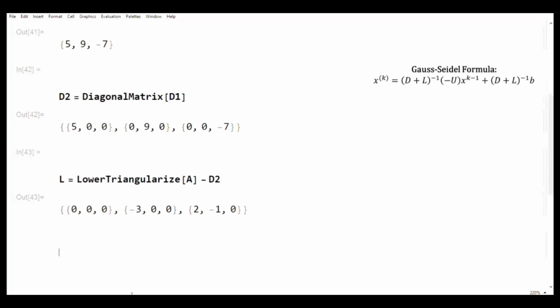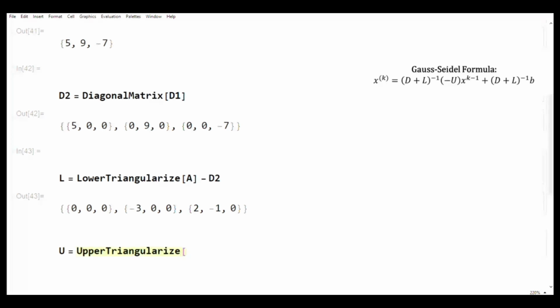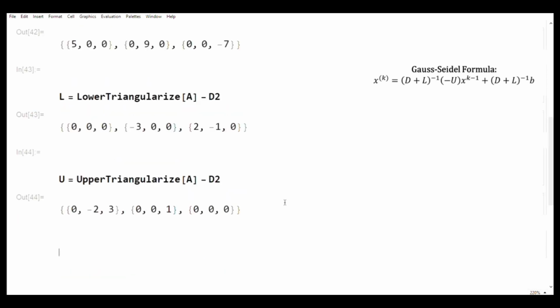This is the lower triangular. Now I take out the upper triangular and use capital U, upper triangular of matrix A minus D2. Shift enter. We use minus D2 here because we don't want the diagonal included in the lower triangular and the upper triangular. That's why we need to subtract D2 in both L and U.